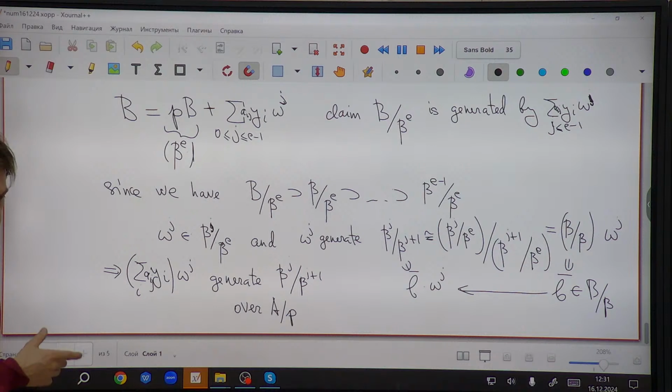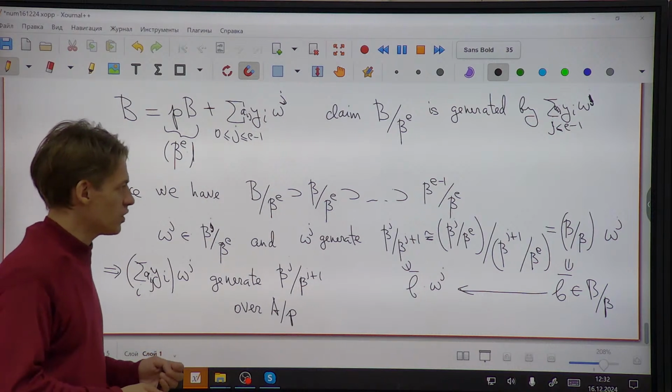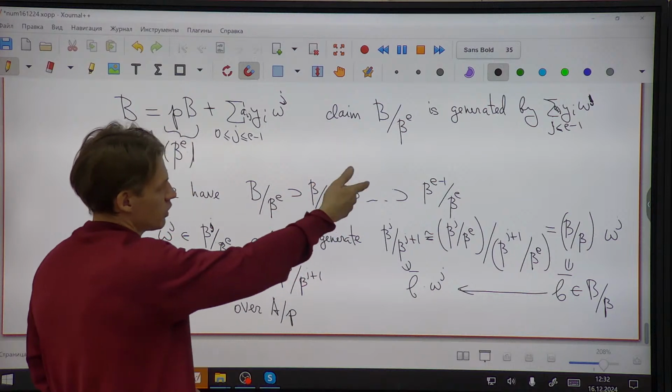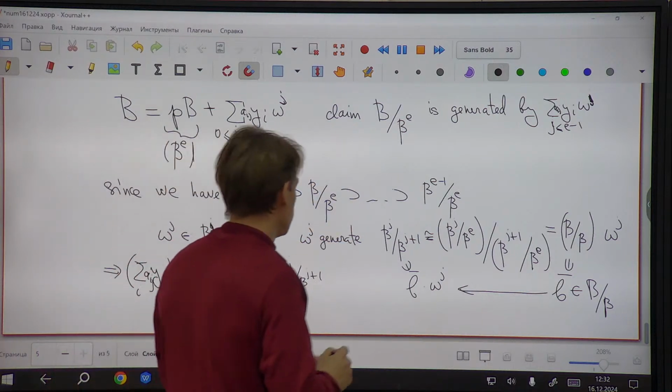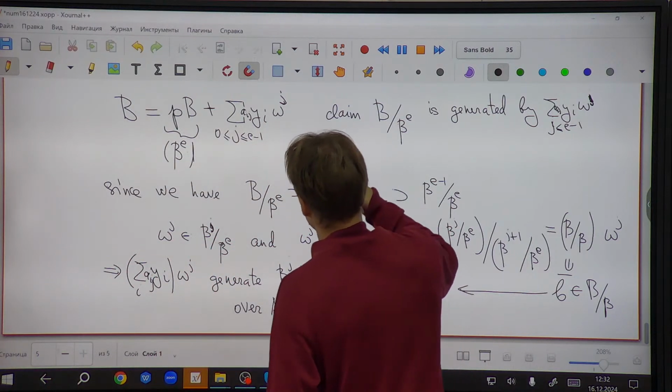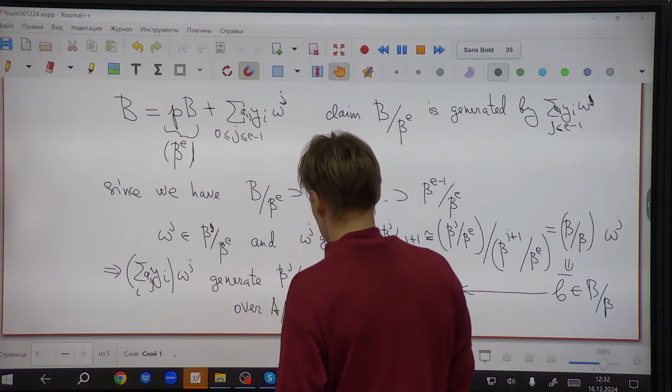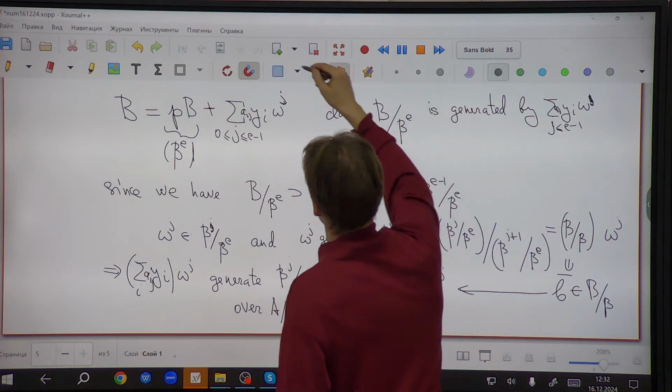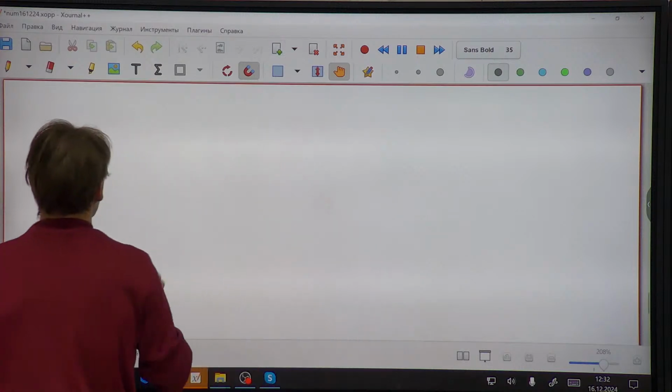That allows you to generate the whole space. Maybe I should briefly explain it.